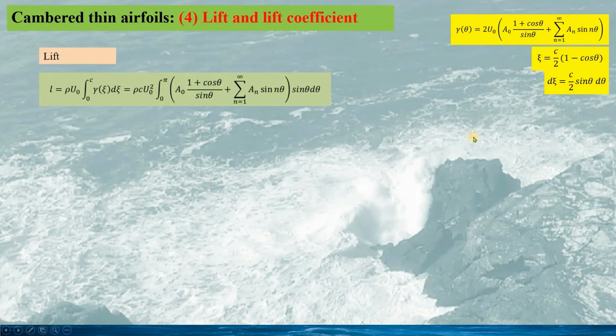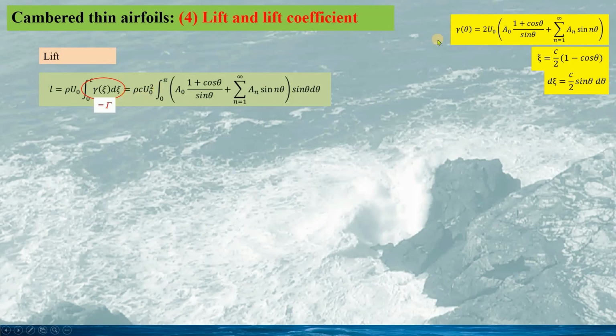When we obtain the vorticity expression, we can calculate the lift acting on the airfoil based on the Kutta-Joukowski theorem. Here, the integral is the circulation around the airfoil.